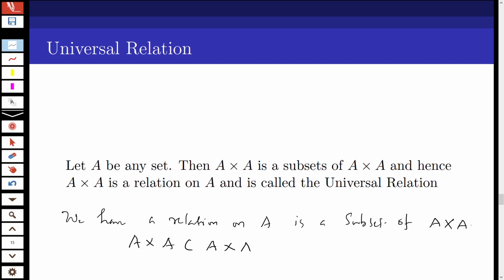Therefore, A cross A is a relation on A.